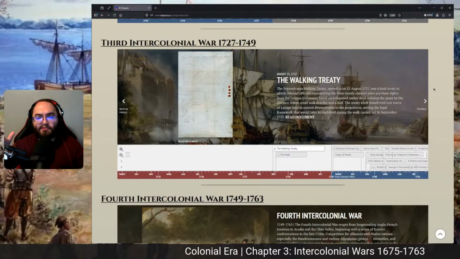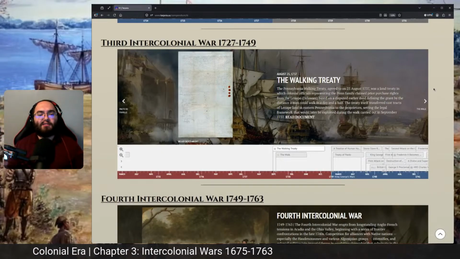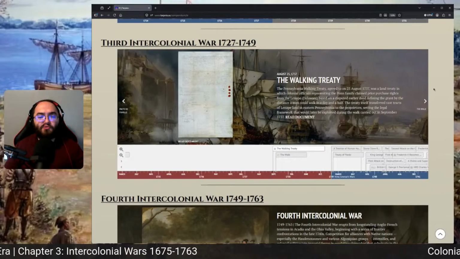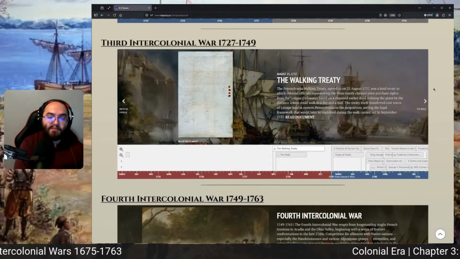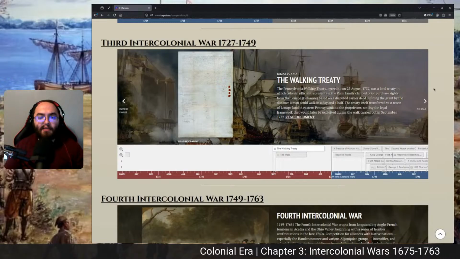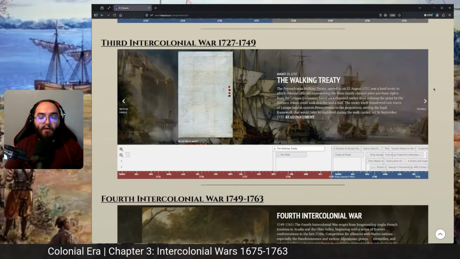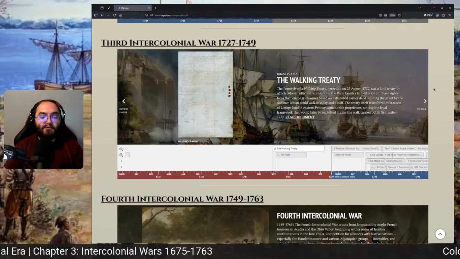I think it's like a day or something like that, a day and a half. And the treaty itself transferred vast tracts of Lenape land in eastern Pennsylvania to the proprietors of the Penn family, setting the legal framework that will later be exploited during the walk carried out later this year.